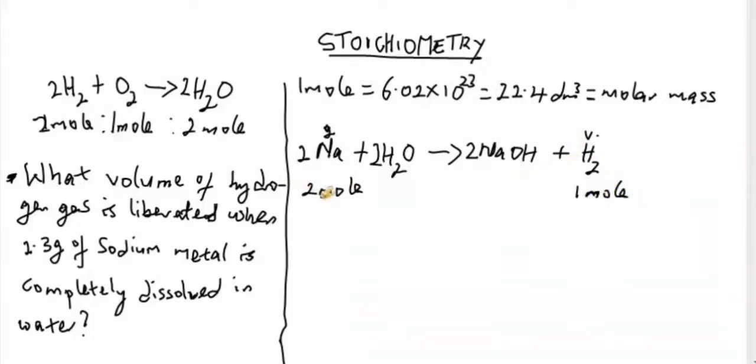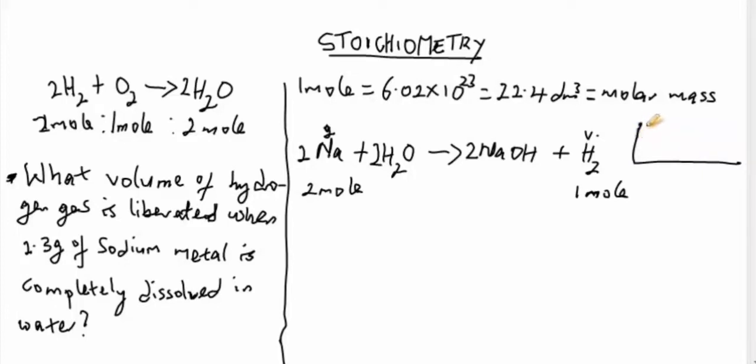So we just have to draw from this linear expression. In order for us to solve this, we have to draw the relationship between this value here, which is mole, and what is given, gram.